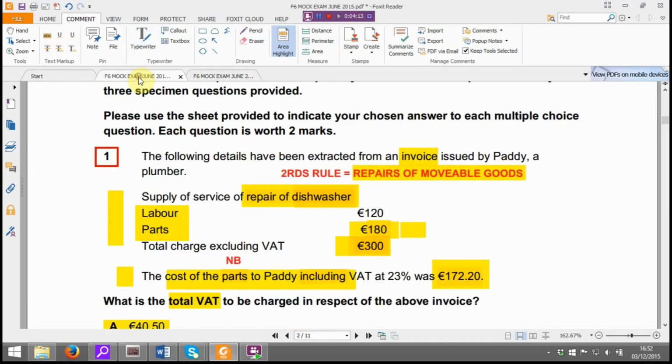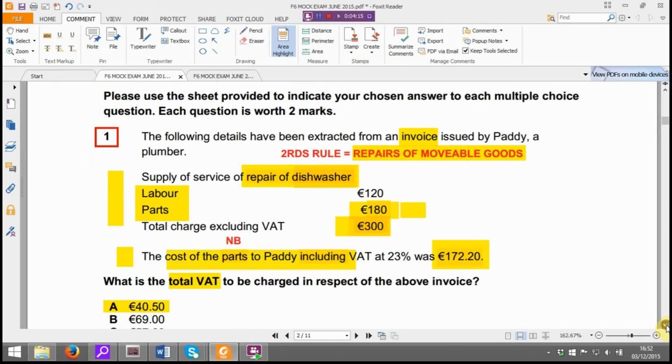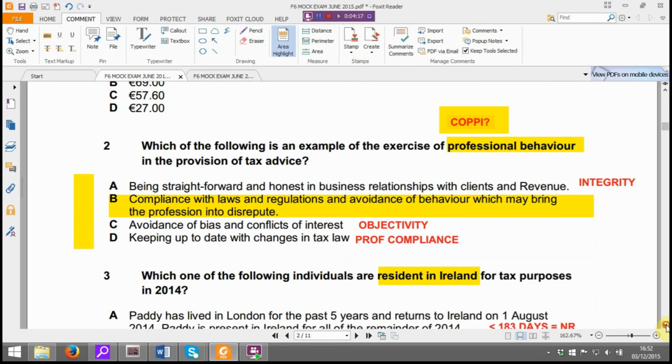Okay, that's question 1. Question 2 was ethics. Really to do with ethical behavior for the accountant, and not a lot of information in the text about this. What I would suggest is that you learn that mnemonic COPPI, which is really the fundamental ethical principles as far as the ACCA are concerned.